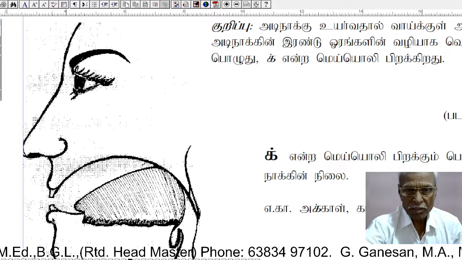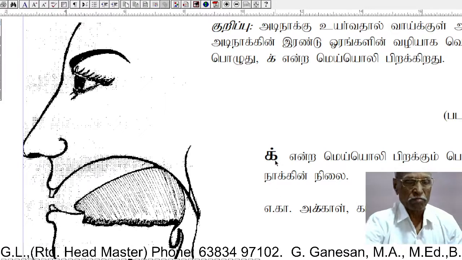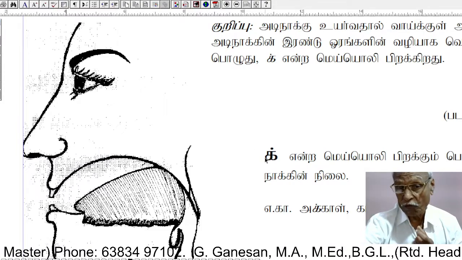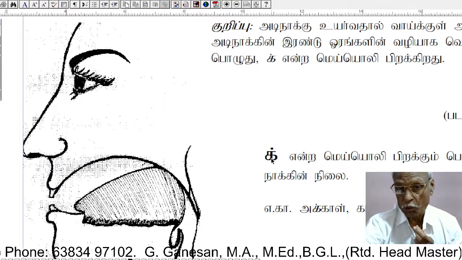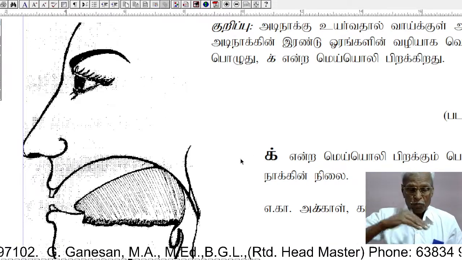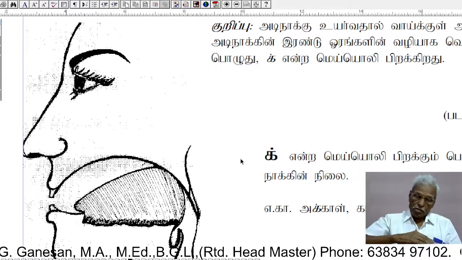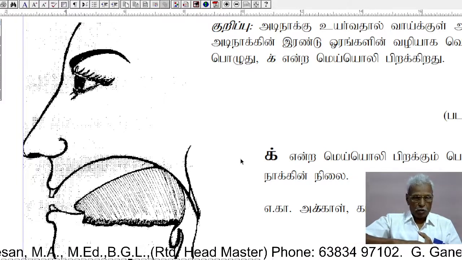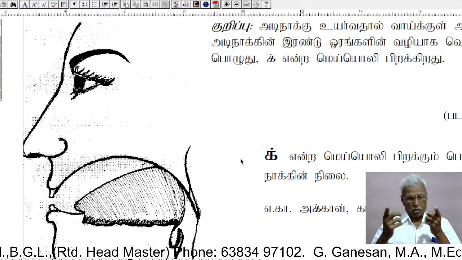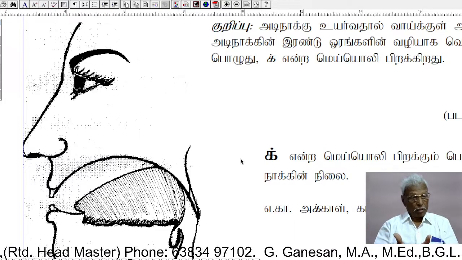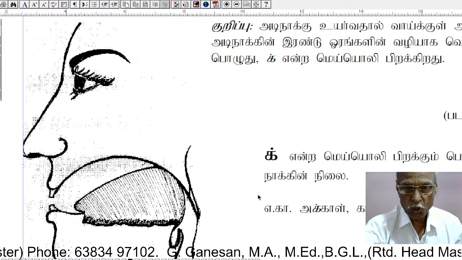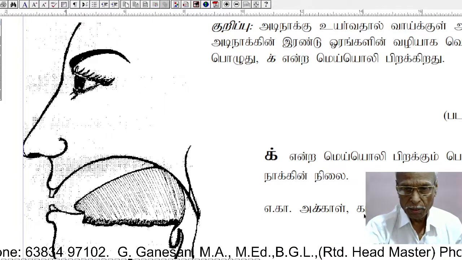So, this phoneme is called plosive. This is the way how the first Tamil consonant phoneme 'ik' is formed. That is, 'ik' is formed by raising the back of the tongue towards the soft palate, making a tight contact and sending out the blocked air through the sides of the tongue. Example, காக்கை.